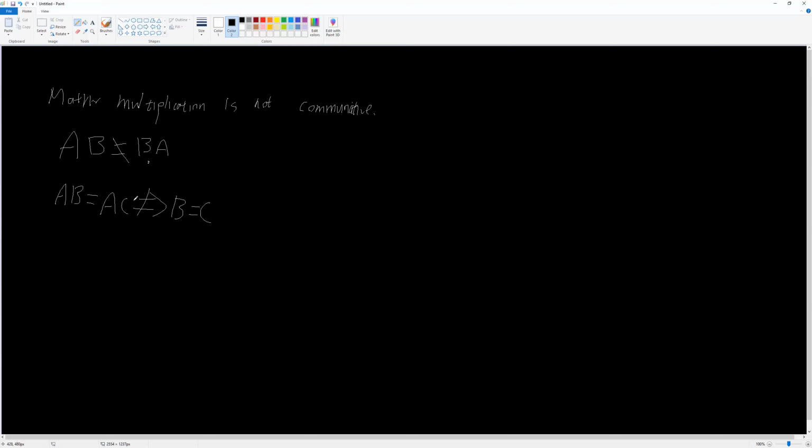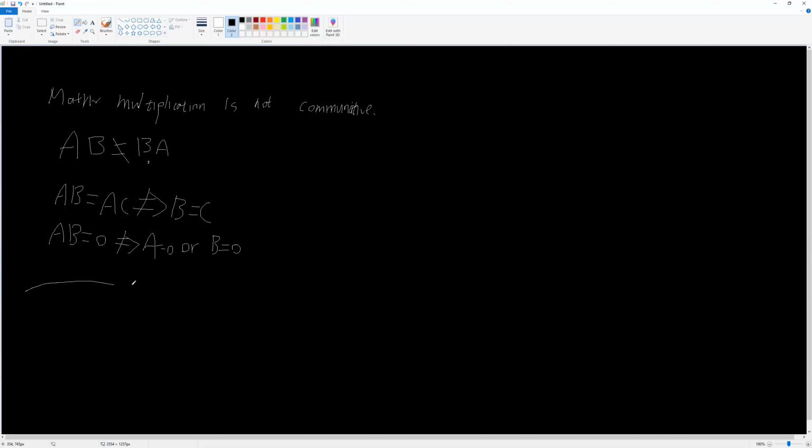I mean, that's fine. But this doesn't necessarily have to be true. And also, if A times B is equal to 0, this does not mean A is equal to 0 or B is equal to 0, right? So these 3 points are very different from our understanding of basic algebra, and that's what you have to be careful of.